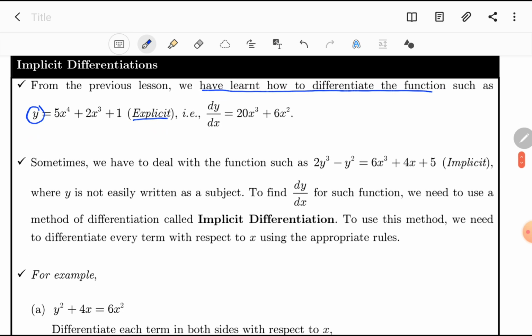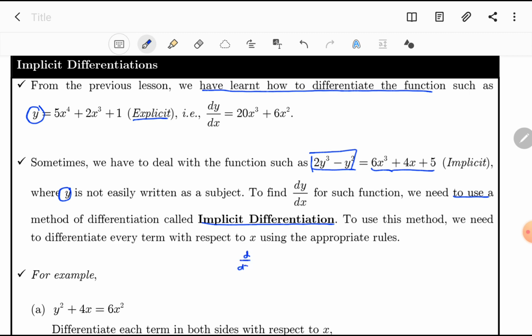But sometimes we have to deal with a function such as 2y cubed minus y squared equals this, and from here, it is not easy to state y as the subject. So to find the derivative for this type of function, we need to use implicit differentiation.